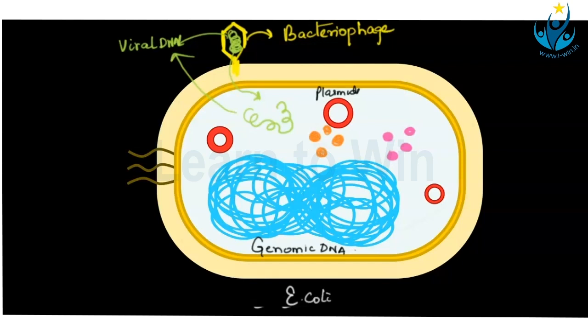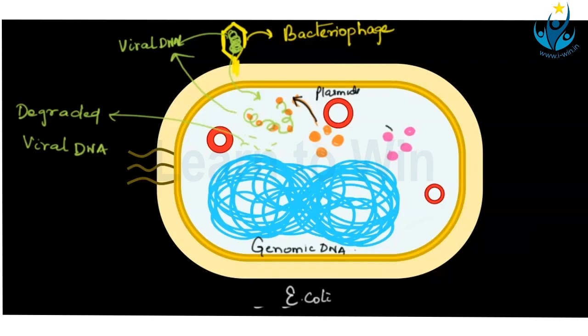One set of molecules will go and bind to the viral DNA, and as a result, after binding to the viral DNA, it is practically breaking the viral DNA into pieces. So what it did, it degraded the viral DNA.